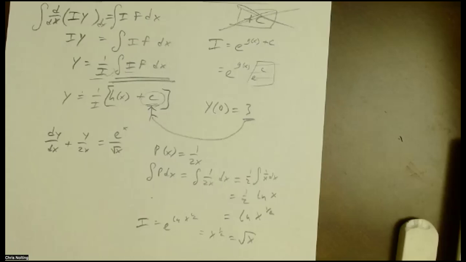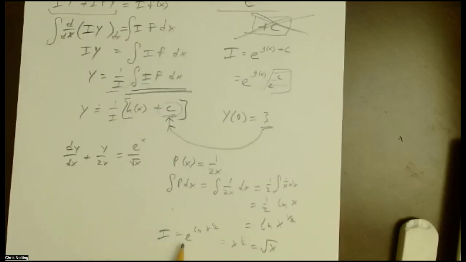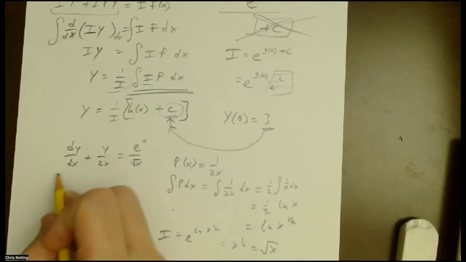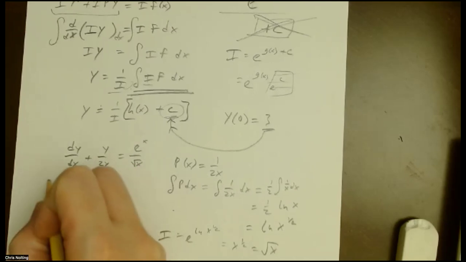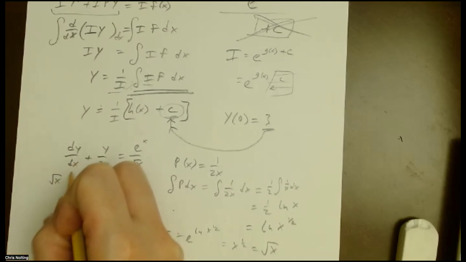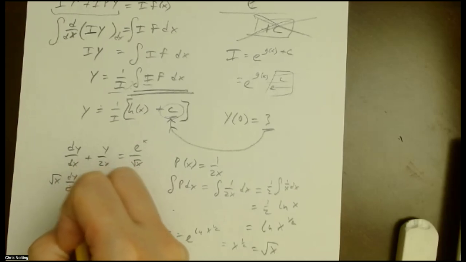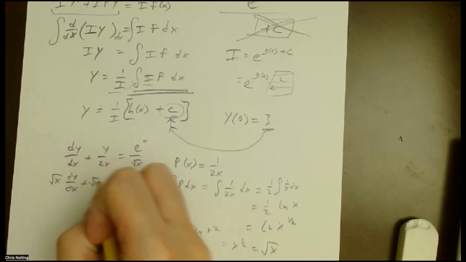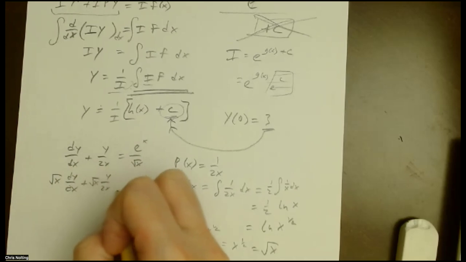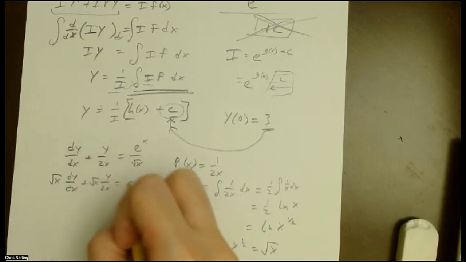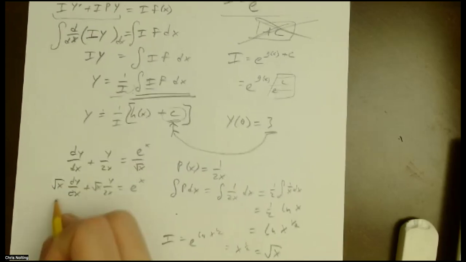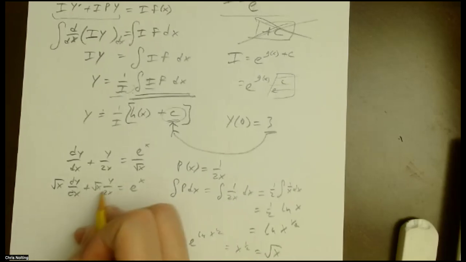Okay, so that wasn't too bad. If we then multiply all this stuff, we get square root x dy/dx plus square root x y over 2x equals e to the x. I could then say, okay, well, I got square root x divided by x.